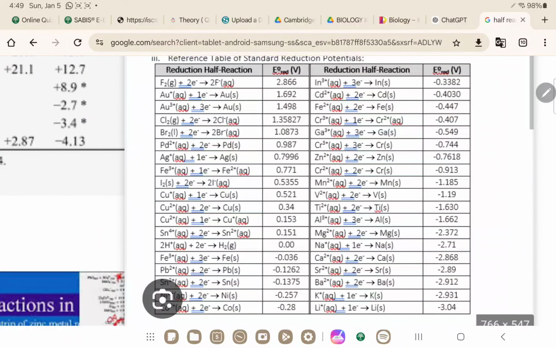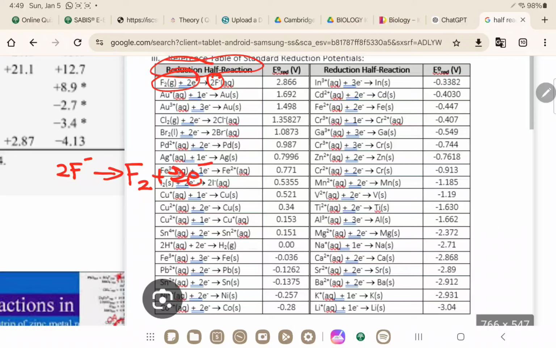But be careful, because in this table, these are all reduction half reactions. For us, we wanted fluorine to be oxidized. So you just flip these and it becomes 2F- into F2 plus 2 electrons.